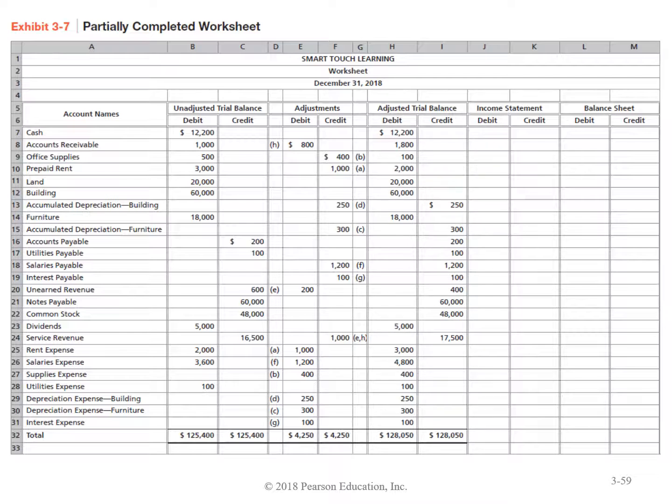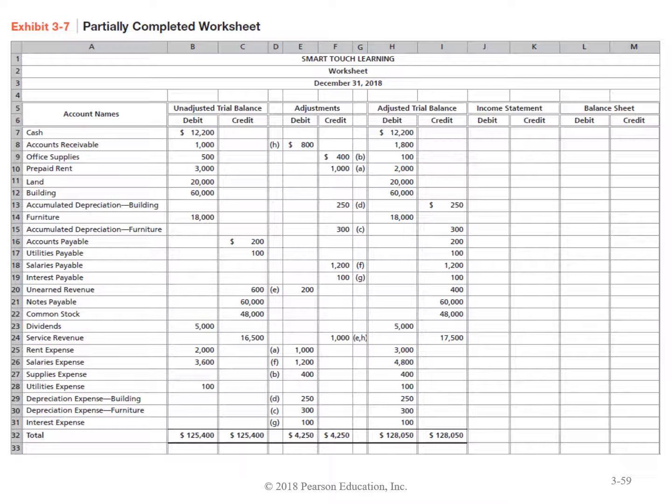And then here is the A that matches it in the credit column. So we credited prepaid rent. So obviously some time went by and we used up some rent. So we took it out of prepaid rent and put it into rent expense.